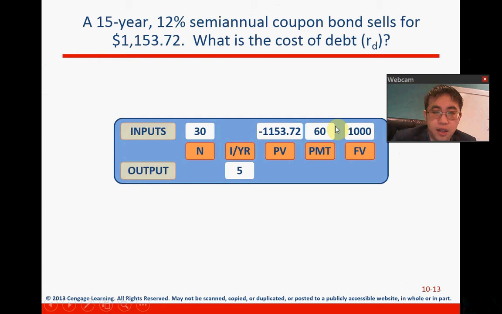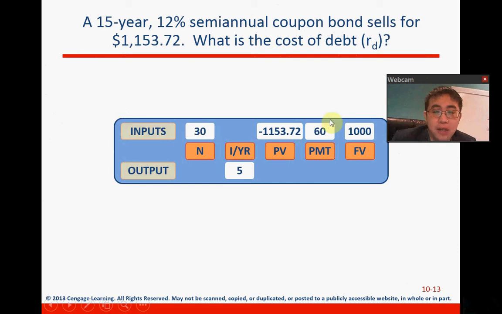Since I have done this time value of money solving on and on in previous chapters, I just show you the result. You put 30 as n because this is semi-annual. It's 15 years, so you need to times 2 to get 30 semi-annual periods overall. The price is given, and the 12% coupon rate is given to you. So use 12% times the 1,000 face value, and that gives you 120. And 120 is the annual coupon payment. You have to divide it by 2 to get 60.